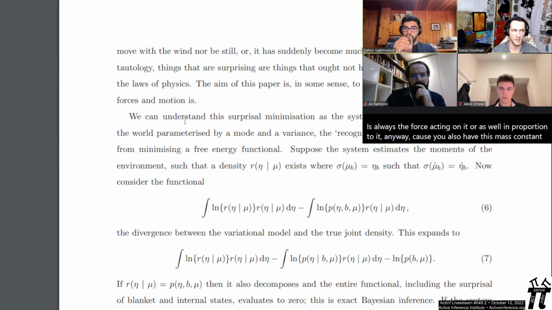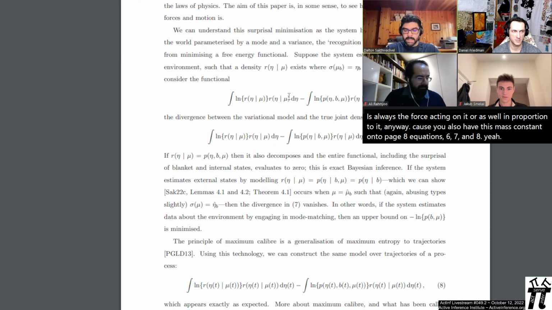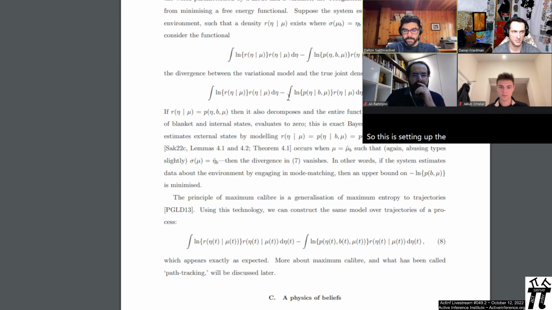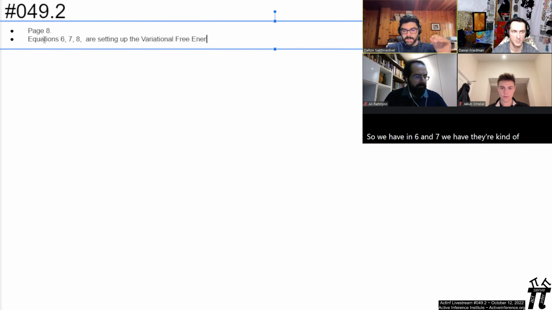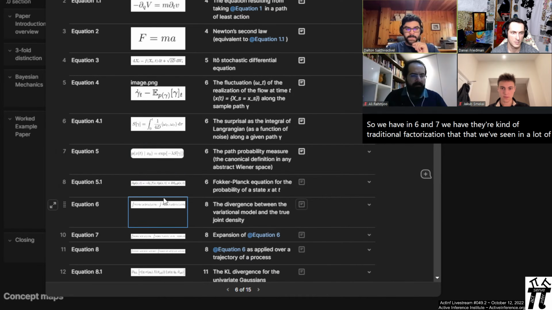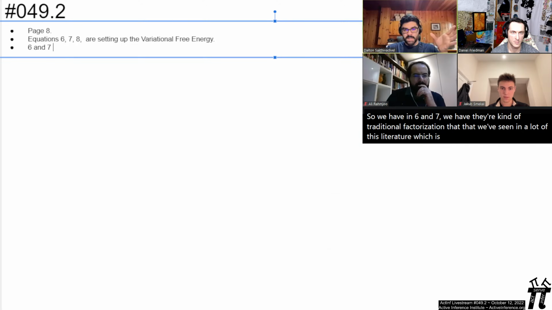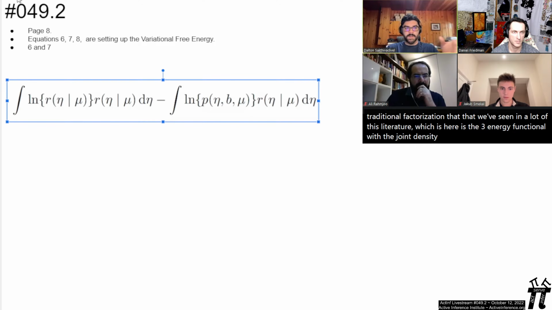Awesome. On to page 8, equations 6, 7, and 8. Yeah, so this is setting up the variational free energy. In 6 and 7, we have the traditional factorization that we've seen in a lot of this literature, which is, here is the free energy functional with the joint density, the generative model.